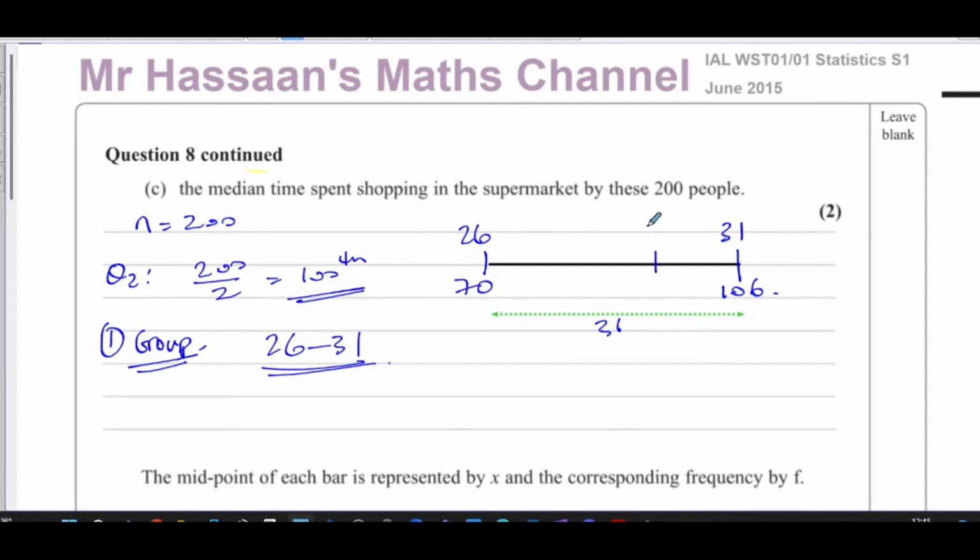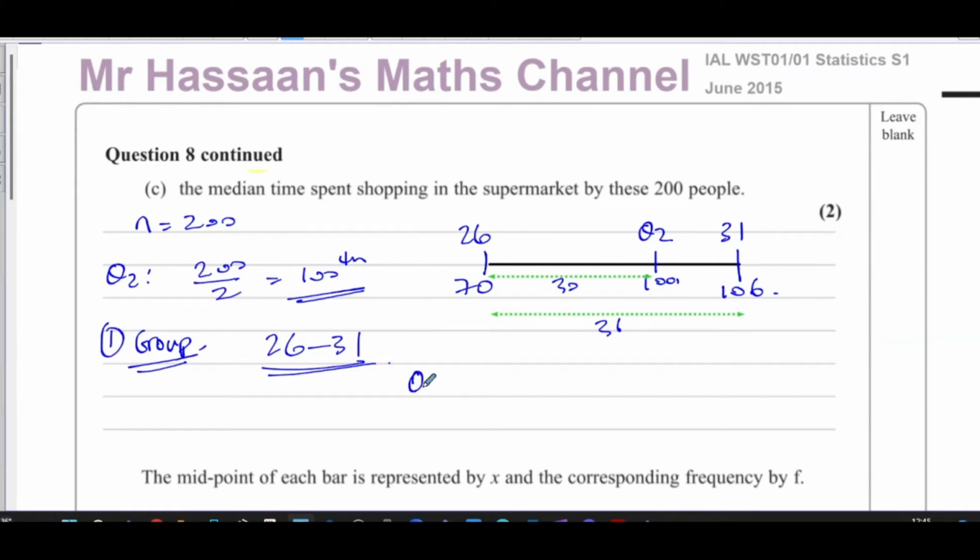Now we're looking for Q2, which is the median, which is the 100th entry, not 200, 100th entry. Okay, the 100th entry, that's what we're looking for. So we need the 100th entry. Now what we can see is the entry that we have, which is the 100th entry, is 30 into the group.